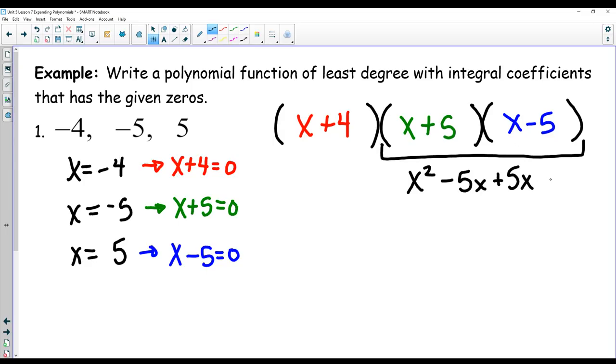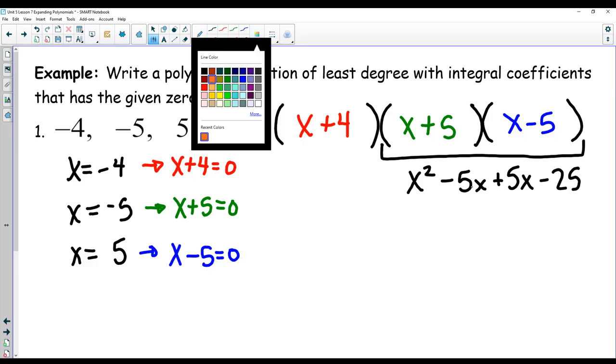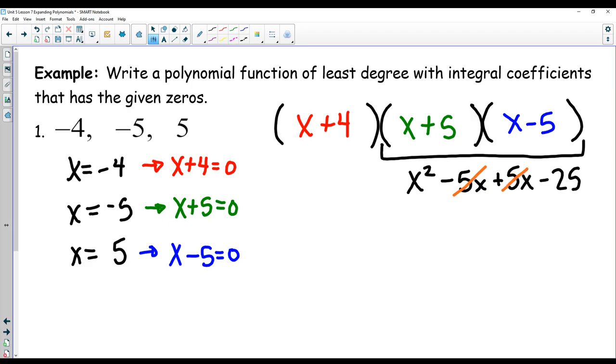And then 5 times negative 5 are my lasts. As you notice, we end up canceling the 5s. So we end up with x plus 4 and then x squared minus 25.